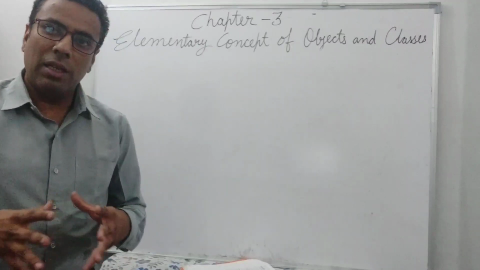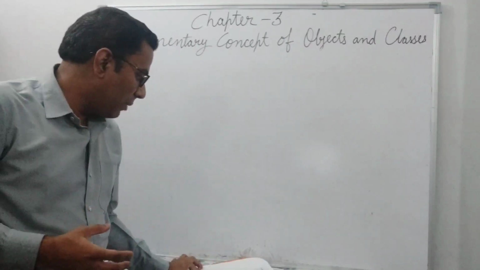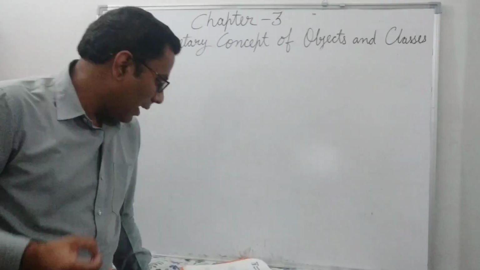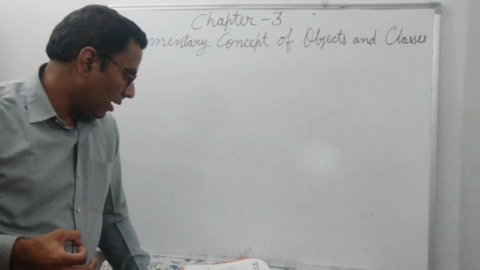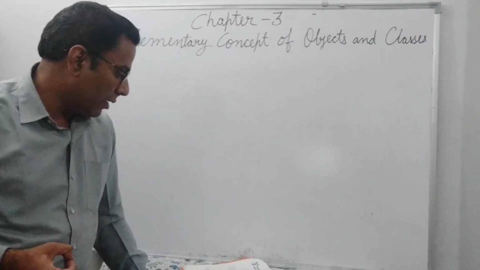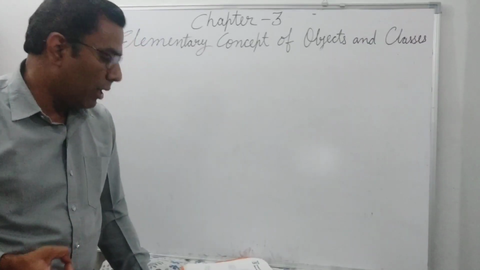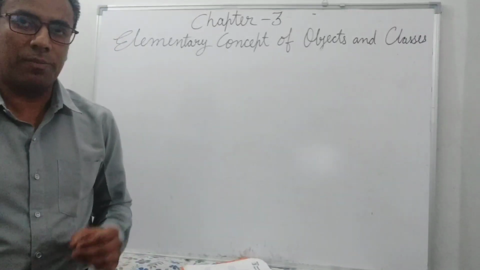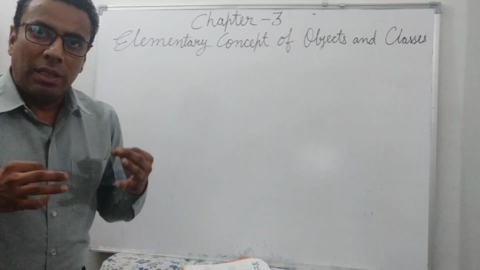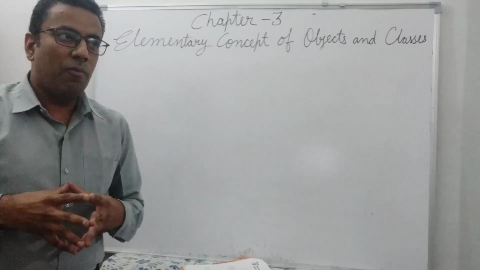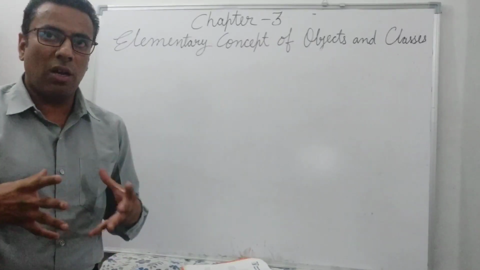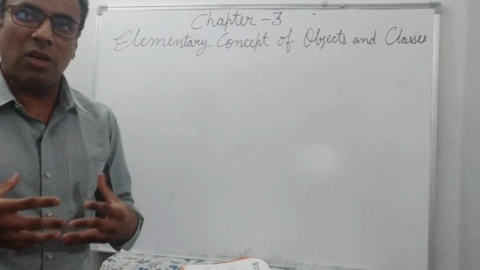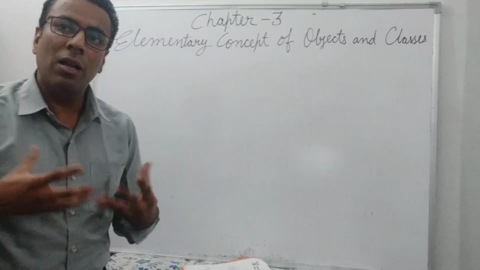In other words, an object means any entity in the real world that has a state and behavior, and this entity is called an object. And in a Java program we can create many objects of a class, and we can access or interact with them by invoking methods.